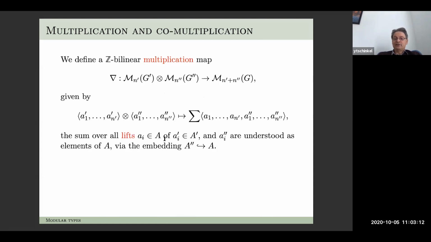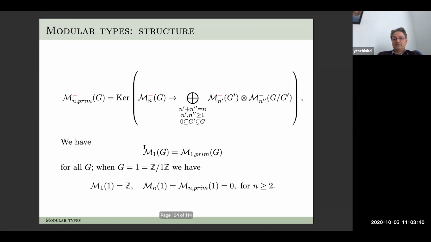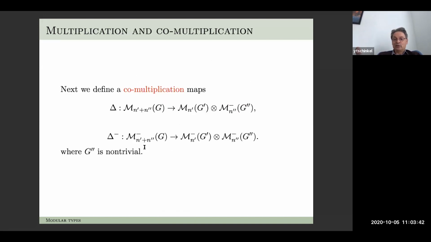You sum over all lifts to A of the thing coming from the quotient of A, and then the other ones you understand as elements in A under the embedding. So this multiplication also descends to the M minus versions. There are co-multiplication maps as well, which are defined again in terms of symbols.